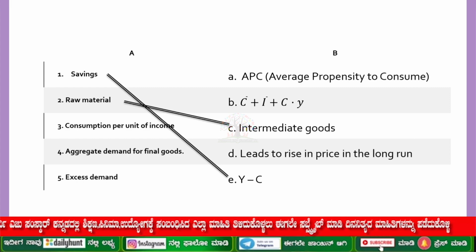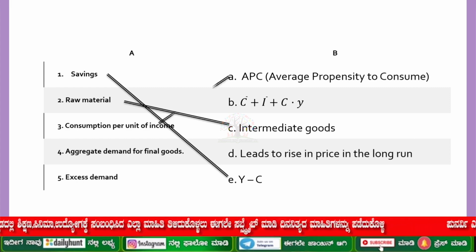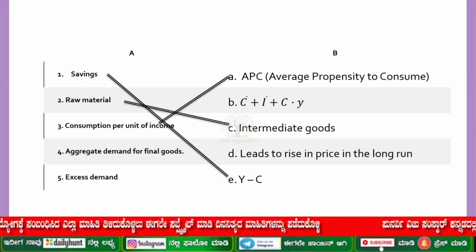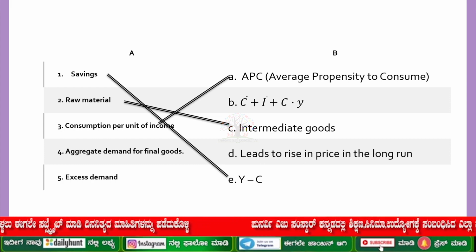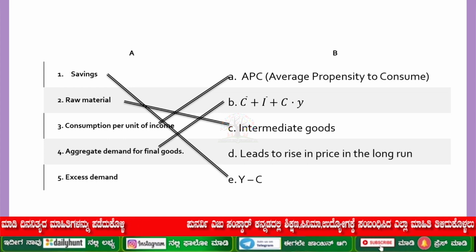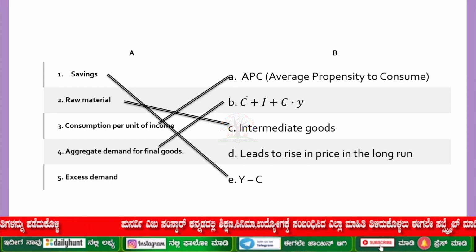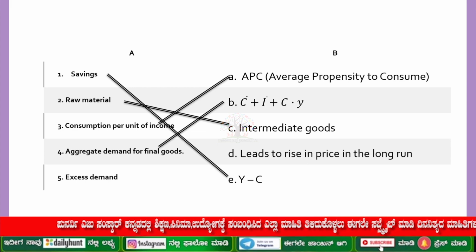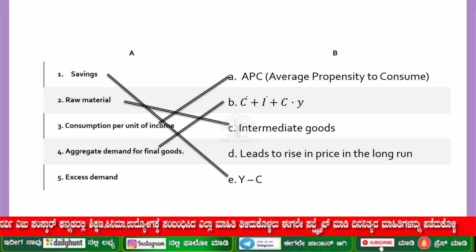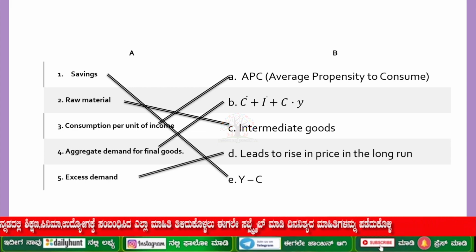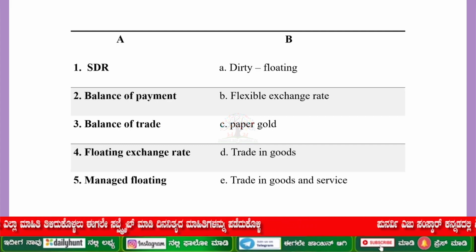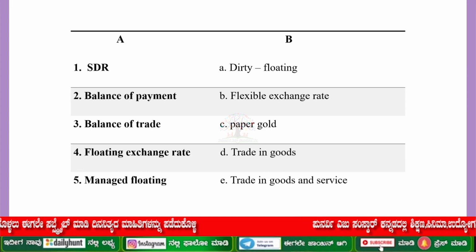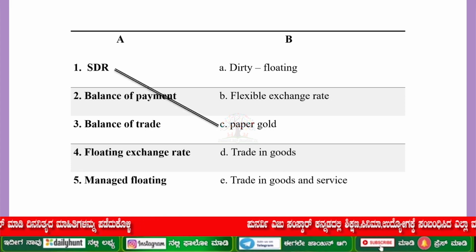Consumption per unit of income, average propensity to consume. Aggregate demand for final goods is denoted by C bar plus I bar plus CY. Excess demand, when demand is more, we know it leads to a rise in price in the long run. SDR, special drawing rights, we call it paper gold.